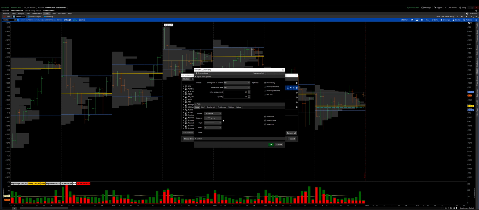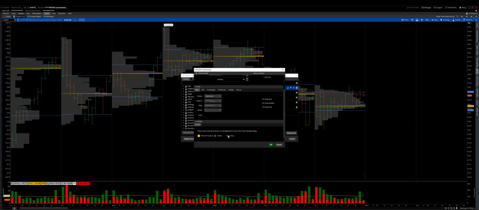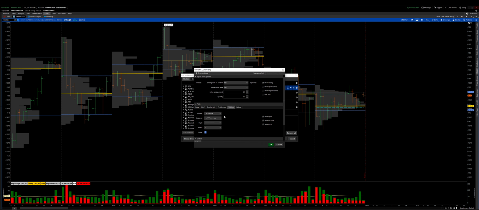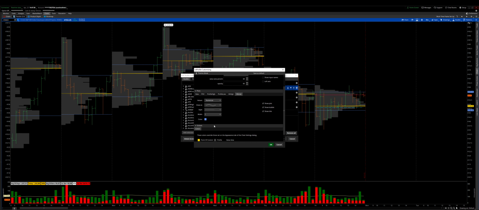How I have it set up is, click on global. I have the value area basically blacked out so it doesn't annoy me. But you can see the value high is highlighted in blue, and then the value low is highlighted in blue. And then everything else I pretty much have turned off for the most part.